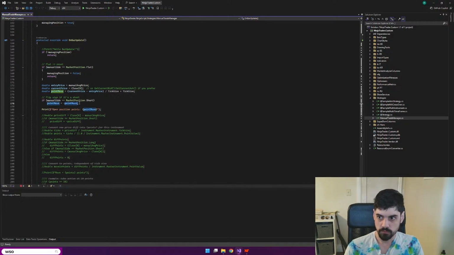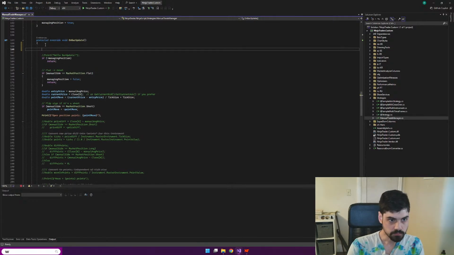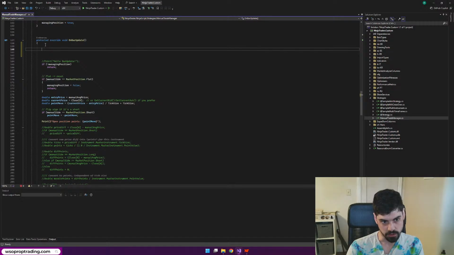So point move needs to be actually like a class variable here.